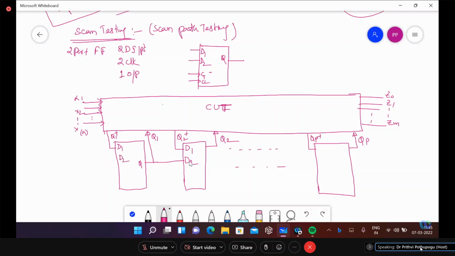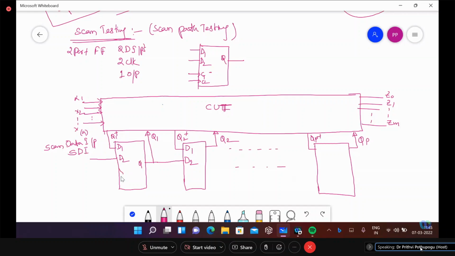This D2 will come from the first stage dual port, but the initial dual port's D2 will get the sequence that is used for testing. We call this the scan data input. However many bits you have in this scan data, that many segments you will have here.